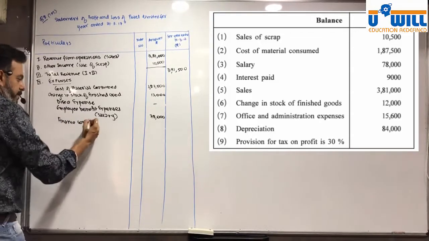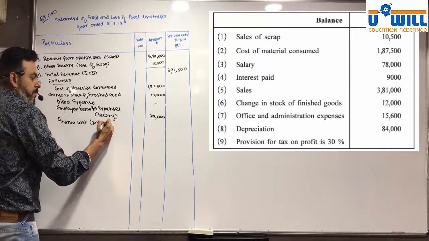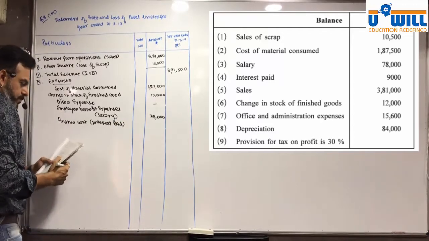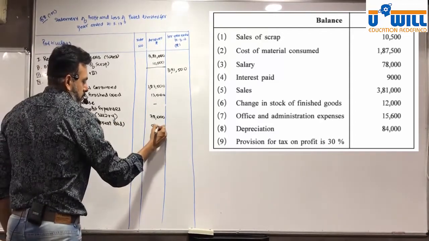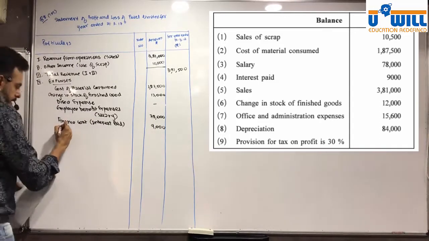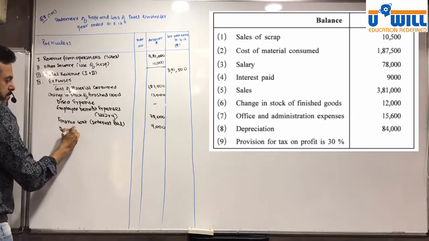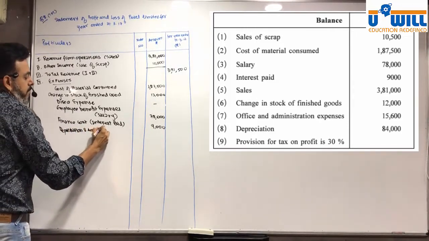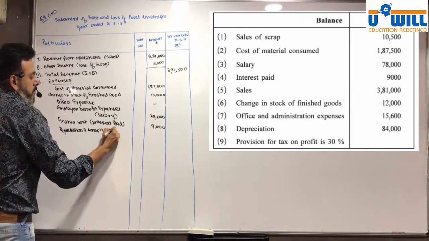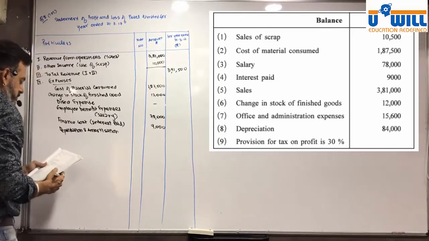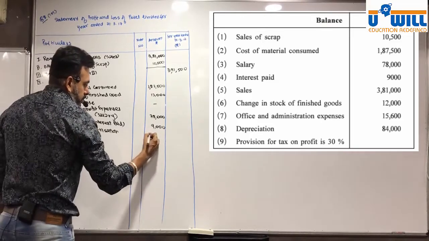We have interest paid, 9,000. Depreciation and amortization. Amortization is for intangible assets. 84,000.